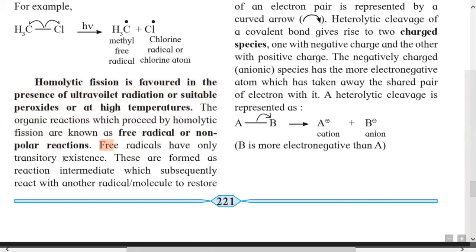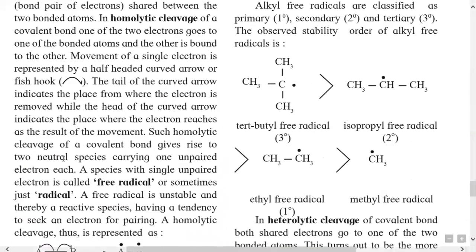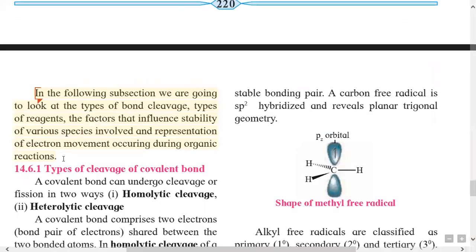Free radicals have only transitory existence, meaning they have a very short life. These are formed as reaction intermediates which subsequently react with another radical or molecule to restore the stable bonding pair.